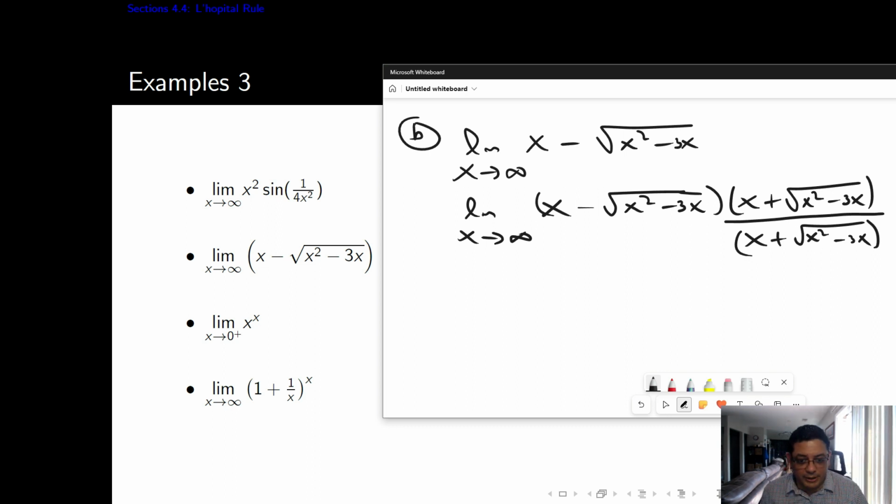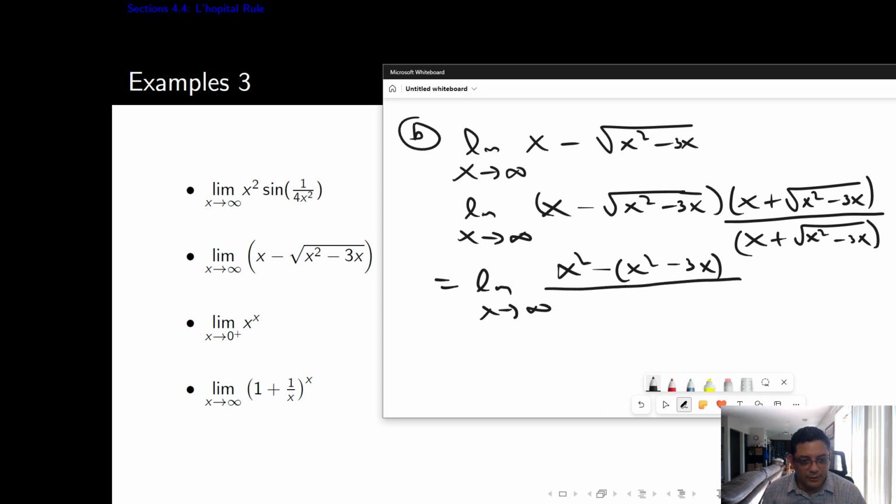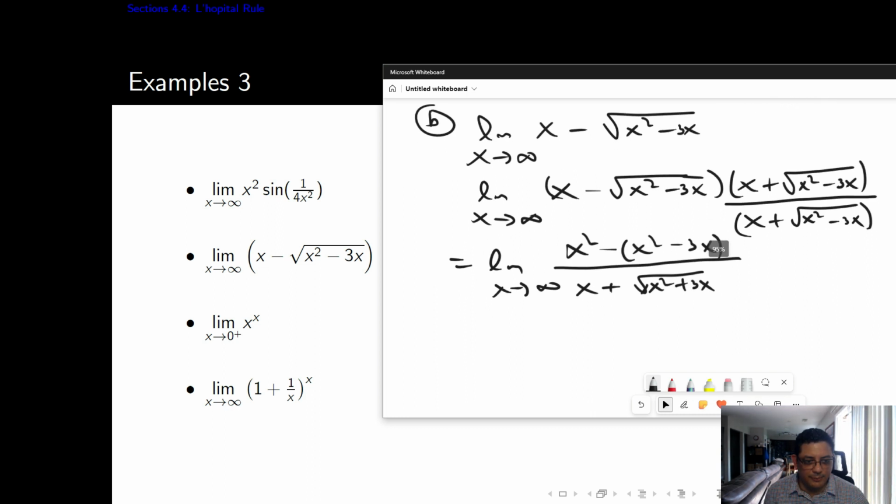And so the next step we're going to have is still x squared minus x squared minus 3x over x plus the square root of x squared plus 3x. Now let's see if this actually gets to simplify a lot.